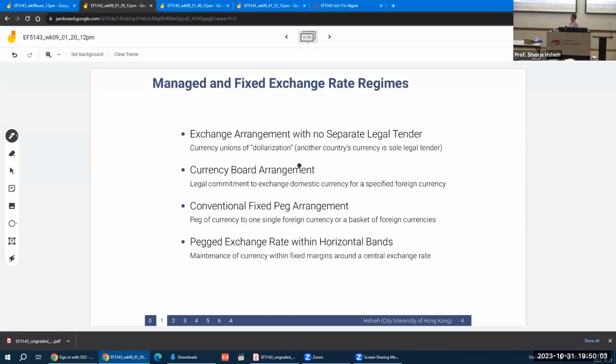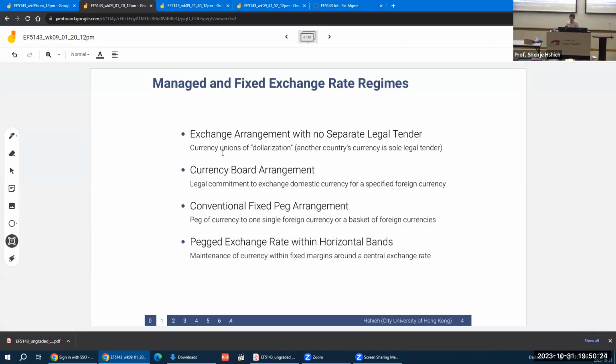Currency board arrangement just means that, so let's start with Hong Kong. Hong Kong technically has what's called a currency board arrangement. That just means that there is a body organization that decides how to manage their currency. But in Hong Kong, it's more or less interpreted as a peg.